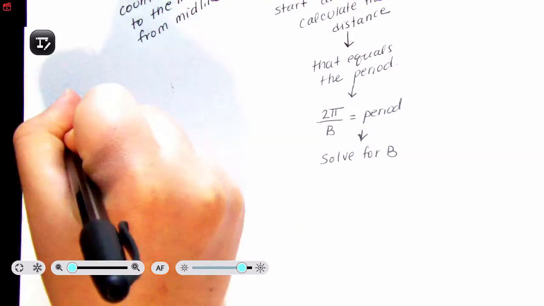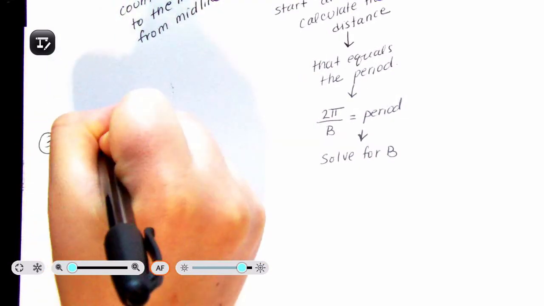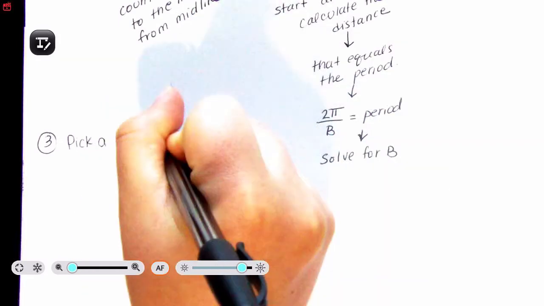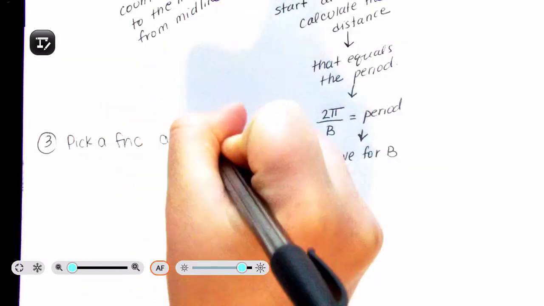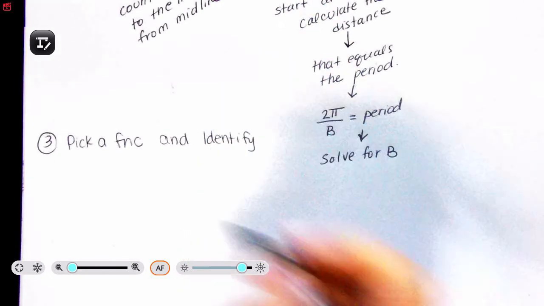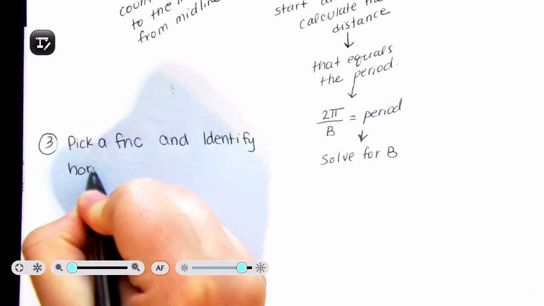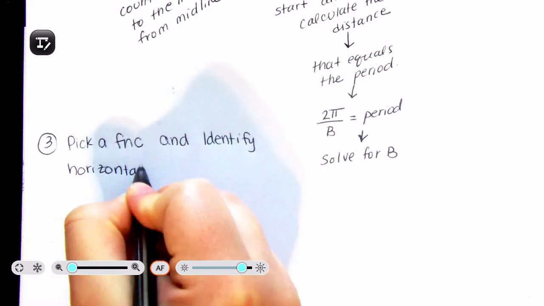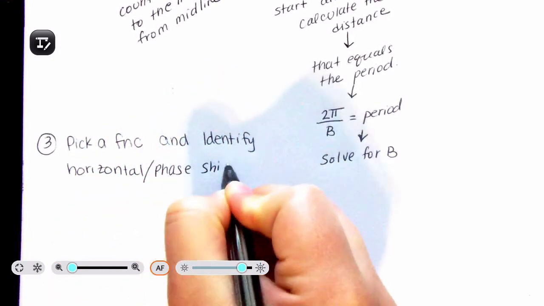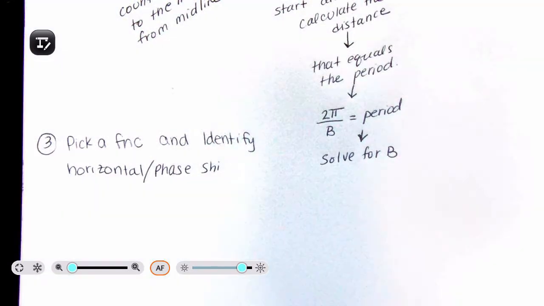Now, step number 3 is you're going to pick a function, and you're going to identify your horizontal shift, which we call our phase shift. But what it means is just your horizontal shift.